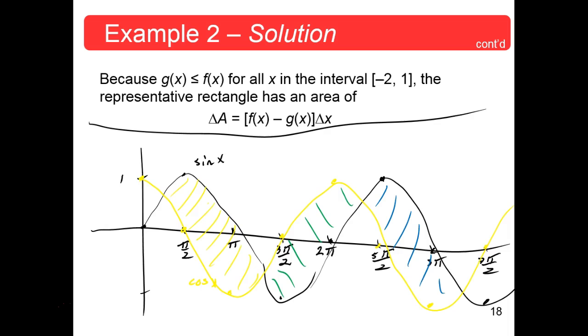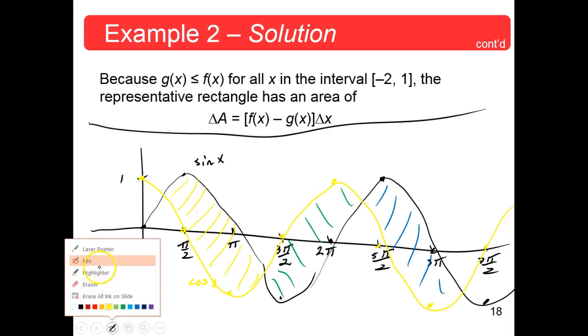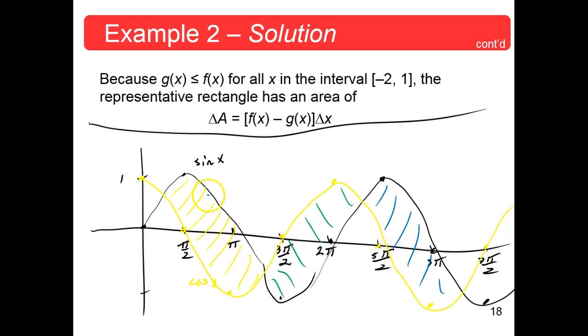Sine's on top, so let's draw us a representative rectangle. I'll do those in blue. Here's your representative rectangle. One of those rectangles there, it doesn't matter which one. So what would be your area?